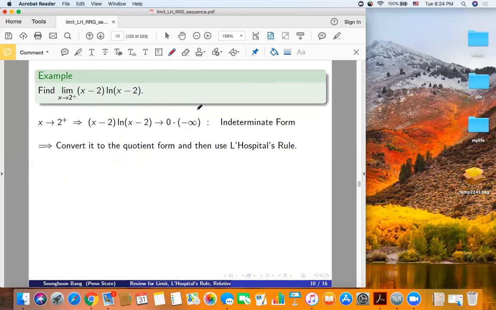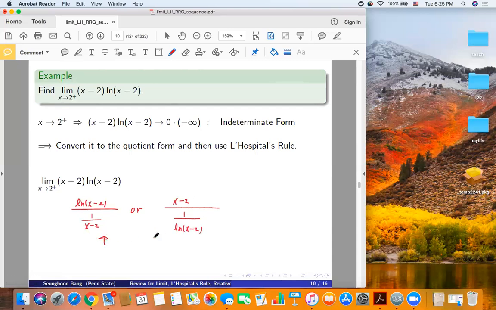Same as before, convert this to the quotient form and then use L'Hopital's rule. We have two possibilities. You can change it like this: ln of x minus 2 is the numerator, and x minus 2 goes to the denominator by using the reciprocal. The other possibility is that x minus 2 is the numerator and the ln function goes to the denominator, ln of x minus 2.